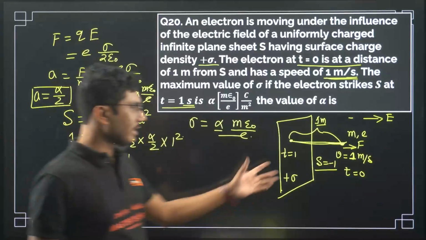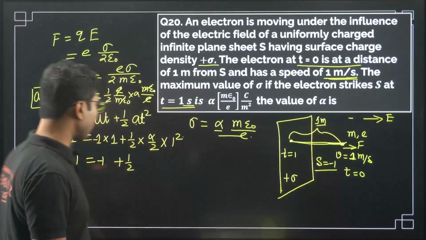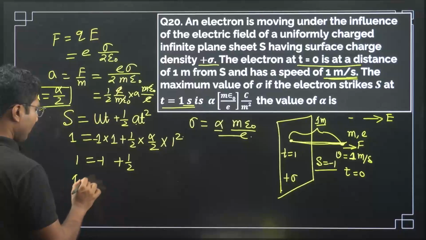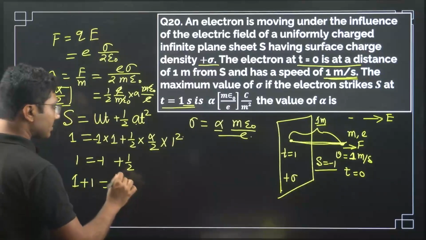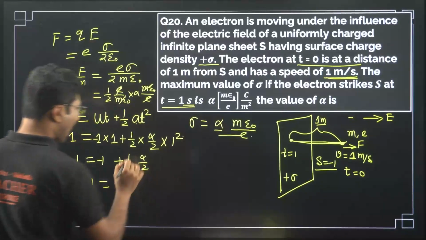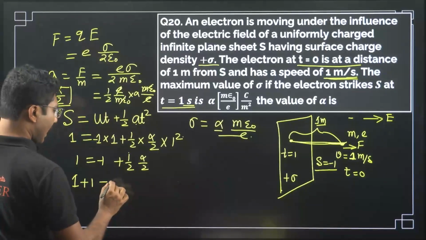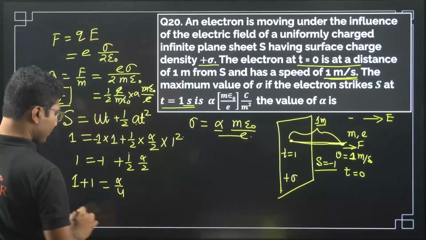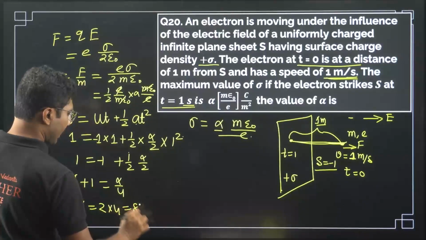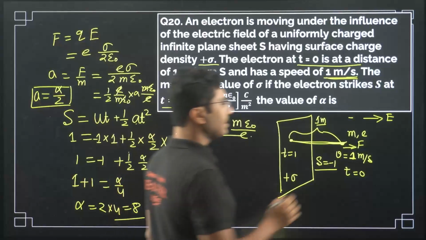Displacement is not negative, because it's only a distance, so it will be only positive over here. So 1 plus 1 equals to, so here we have alpha by 2, so half alpha by 2 we get alpha by 4, so alpha equals to 2 into 4, that is equals to 8. So in this case answer is 8.